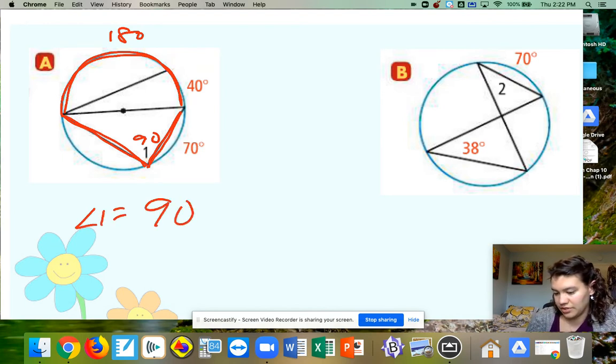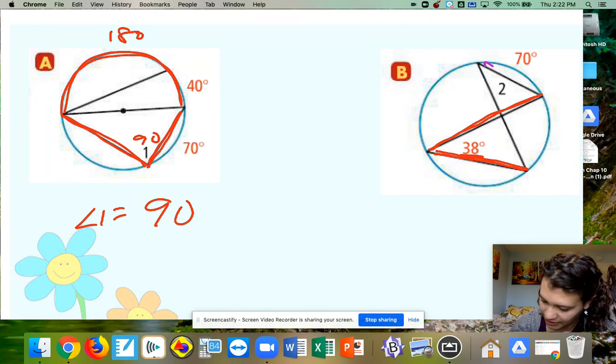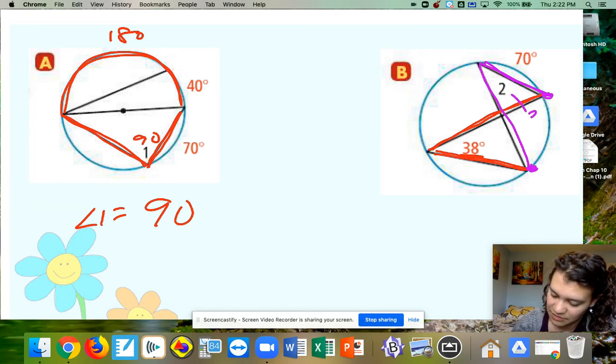Now over here, here's 38. If I draw out the lines, we go like this and like this. Then I want to figure out angle 2, so I draw out my lines for angle 2. They're touching the same 2 points, which means it has to be the same, 38 degrees.